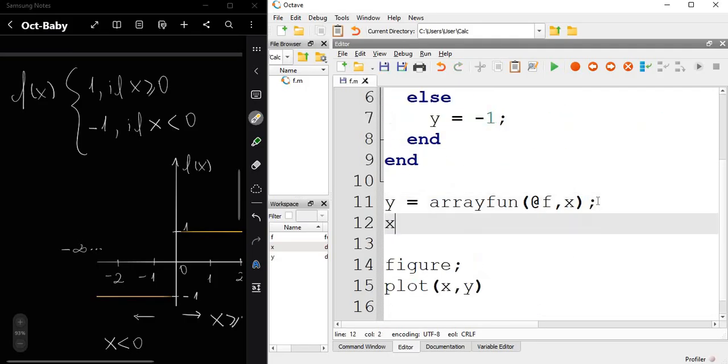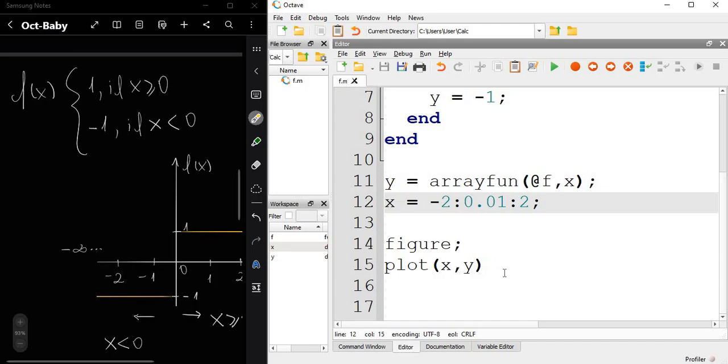This step of the function minus 2, and nothing happens.